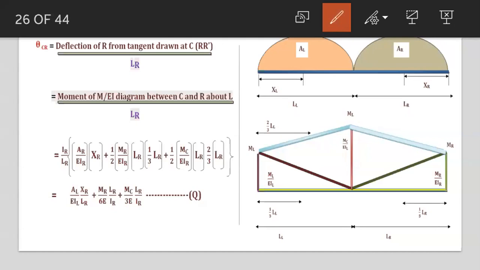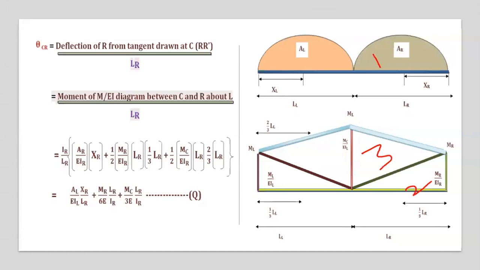So this is 1, this is 2, this is 3. Again here there are three diagrams. First one is AR by EIR into X bar, plus the second diagram, half into MR by EIR into LR into 1/3 of LR.